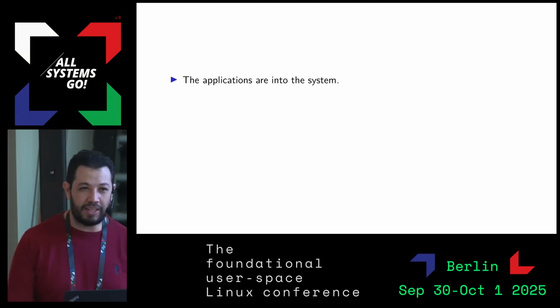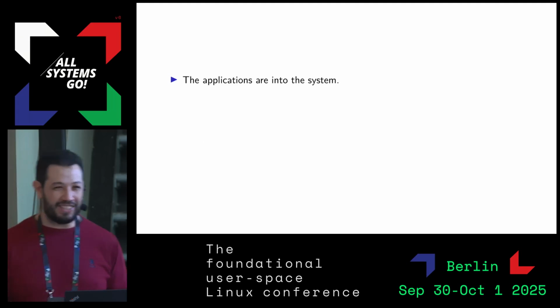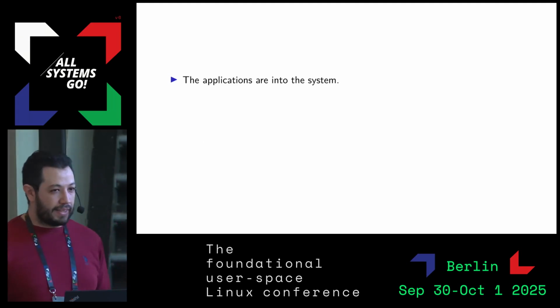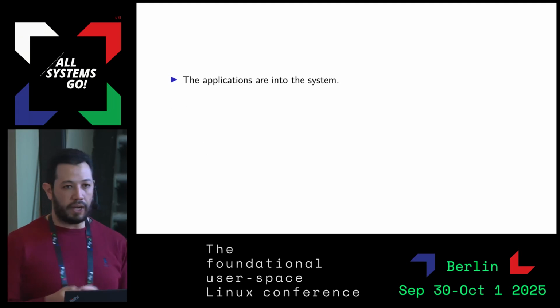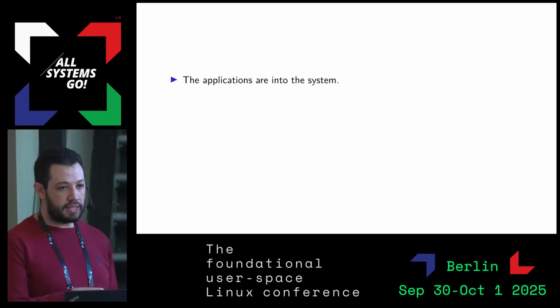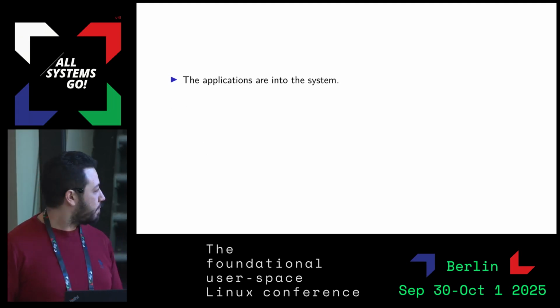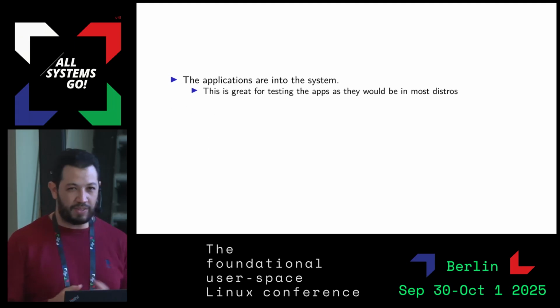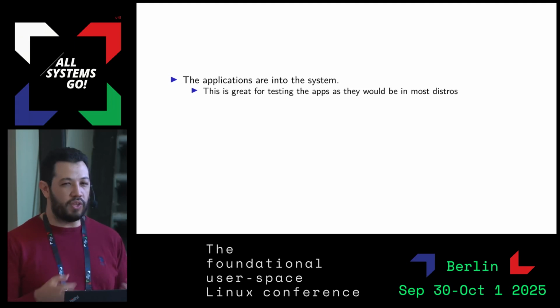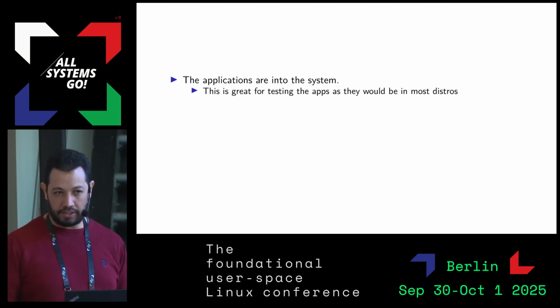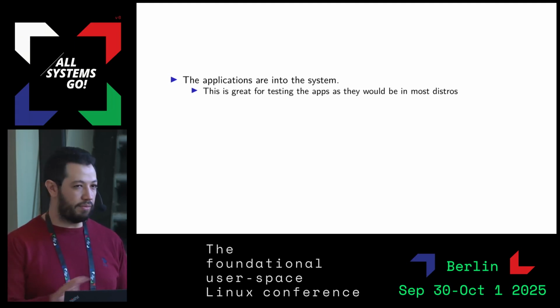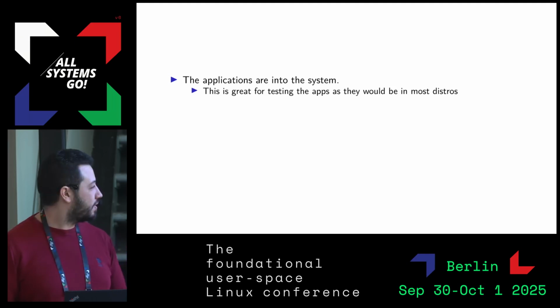Yeah. Now, the applications themselves. Right now, all the GNOME core applications are installed as system applications. They're not Flatpaks. So that's what the default installation of a traditional distro would look like. You have all the applications on the host, and you can just run them.